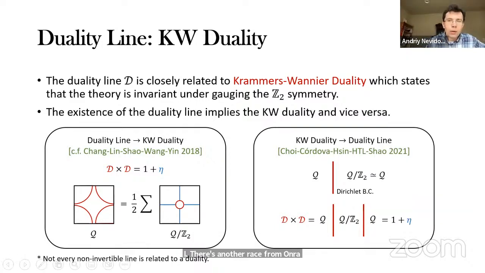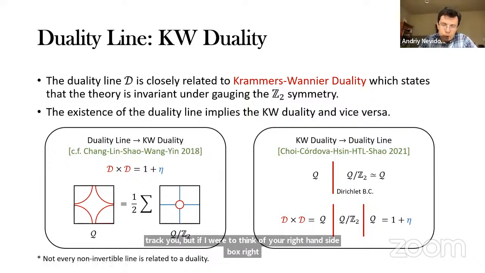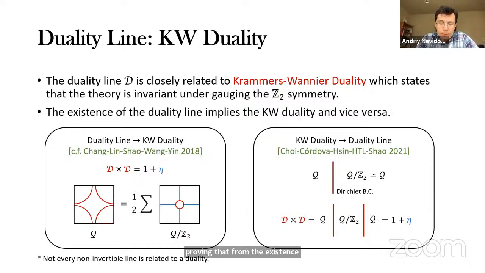There's another raised hand from Andre. Yeah, sorry, I'll be quick. I don't mean to distract you. But if I were to think of your right-hand side box, proving from the existence of Kramers-Wannier that there's a duality line, would I be correct that in the example of a one-dimensional chain, when you draw these two parallel lines, that's like saying I do two Kramers-Wannier transformations at different times? So let's say I don't have relativistic Lorentz invariance, and I think of time as just a parameter.